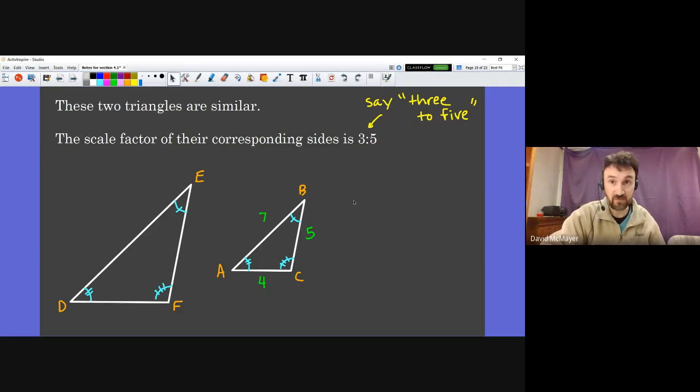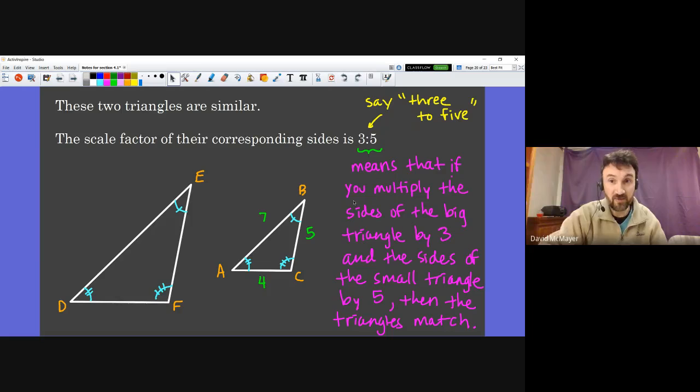And that means something. I'm going to put it in writing here. A lot of writing, but I just want you to process this. Just think about this. What this means is that if you take the big triangle side lengths and multiply them all by 3, now I don't know how long they are, but if I multiply them all by 3 and take all of the corresponding side lengths of the smaller triangle and multiply all of them by 5, you're going to turn both of those shapes into the same shape.